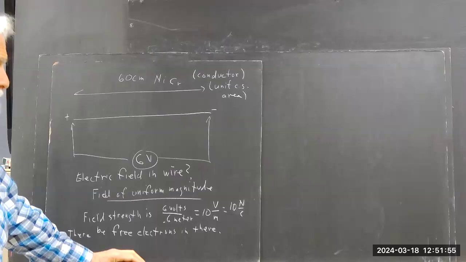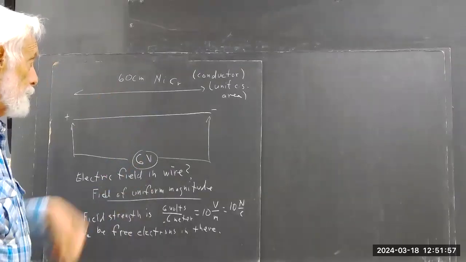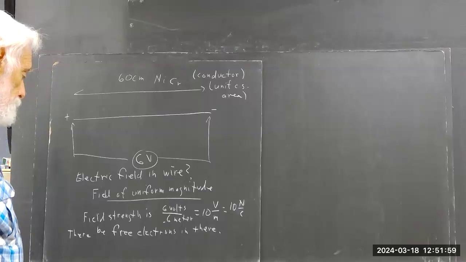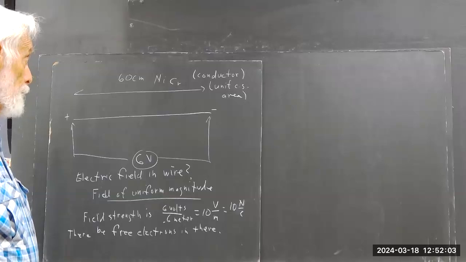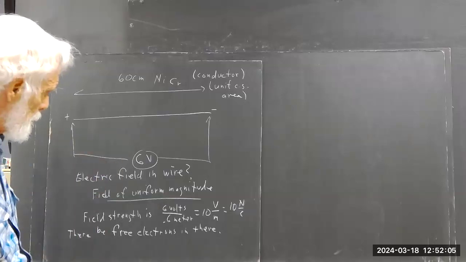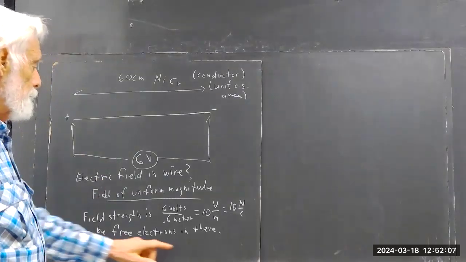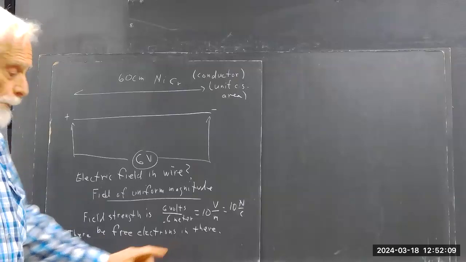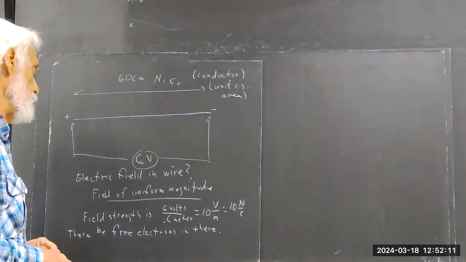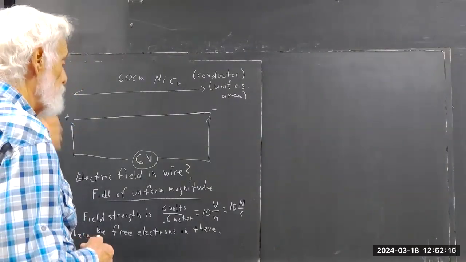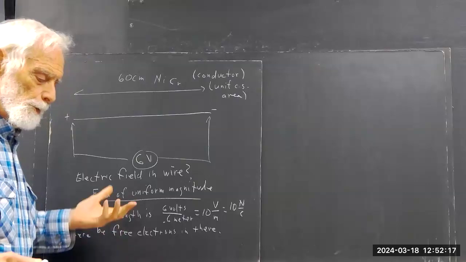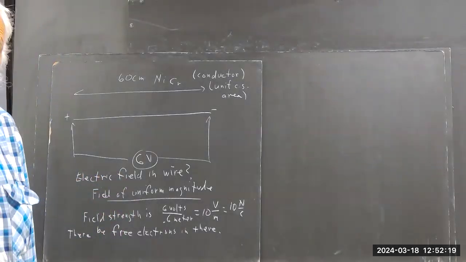We could talk about the advantages and disadvantages of nichrome and all the ins and outs, but I don't want to get that deep into it. There are free electrons, and they're accelerated. So let me just say, what's the acceleration of an electron?